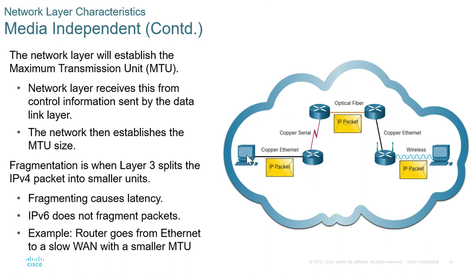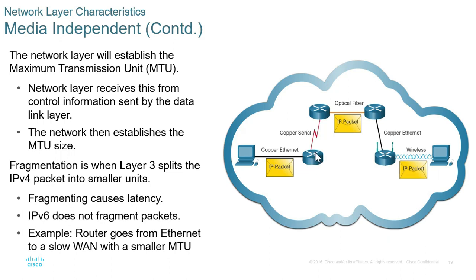Kalaulah dia dapat MTU size yang lebih kecil, katalah dia hantar paket ni daripada PC ke network. Okay, so ini adalah Ethernet. Jadi dia punya size maksimum boleh pergi sampai 1500 bytes lah katakan. Dekat network layer dia adalah 65536. So selepas tu dia pergi ke serial. Katalah di serial MTU size dia untuk dia paskan ke serial connection ni adalah lebih kecil daripada 1500 bytes.